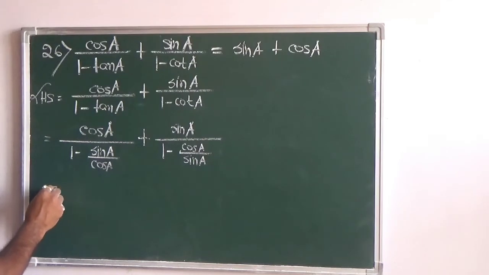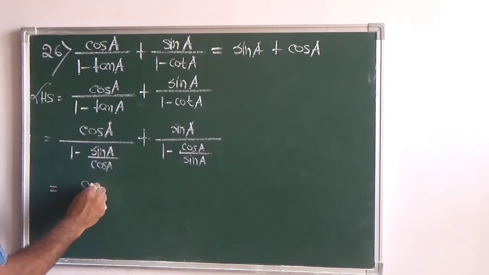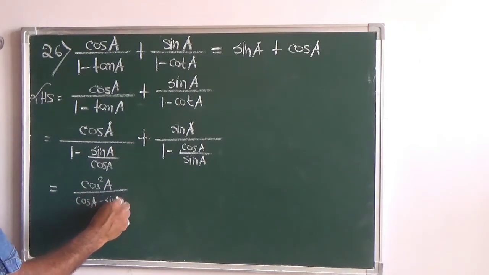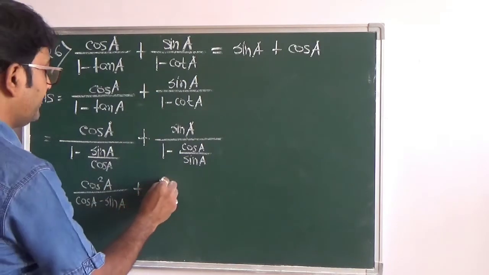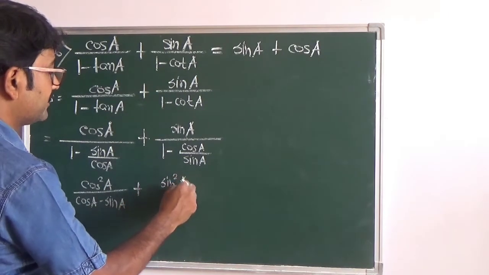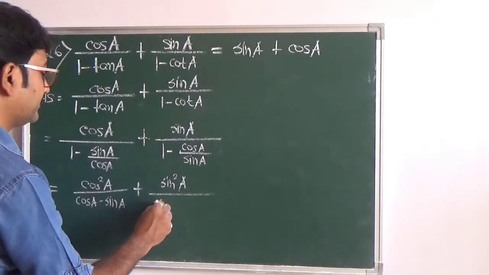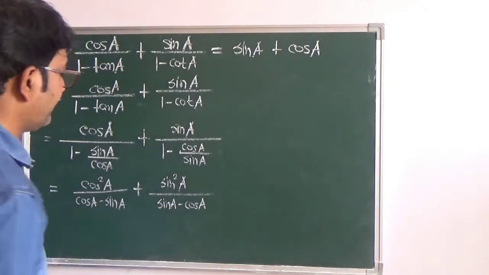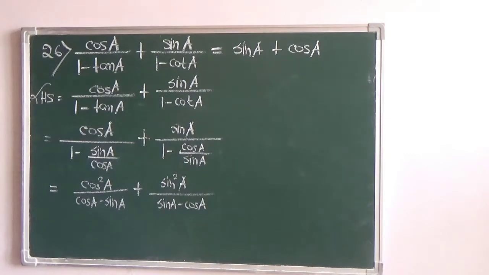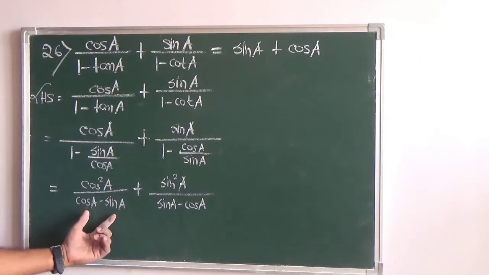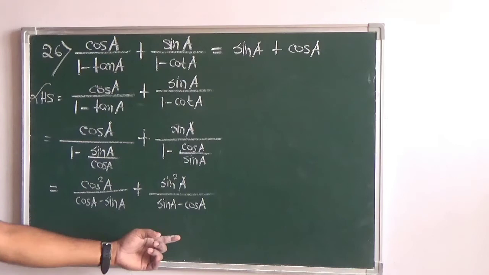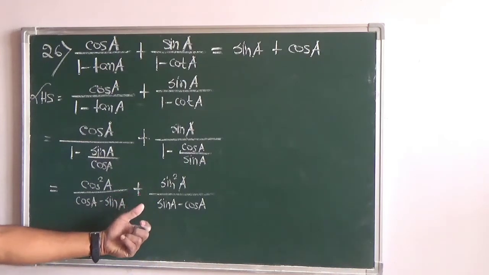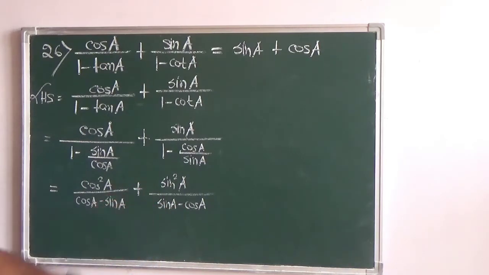So we have in the numerator cos square A divided by cos A minus sin A. Here it will be sin square A divided by sin A minus cos A. So if you look at these two, it is cos A minus sin A, it is sin A minus cos A. So if you change the sign, then this denominator becomes equal.